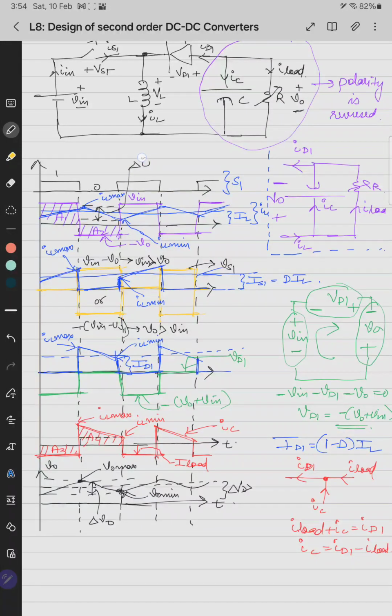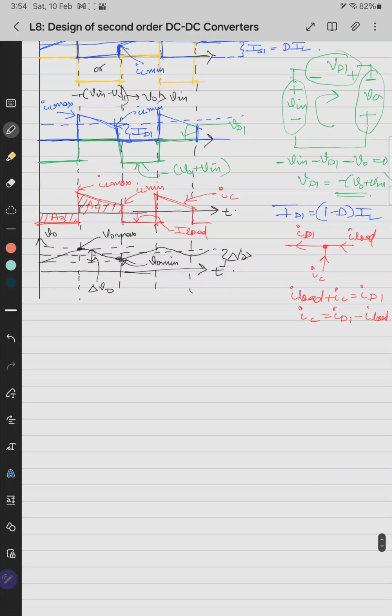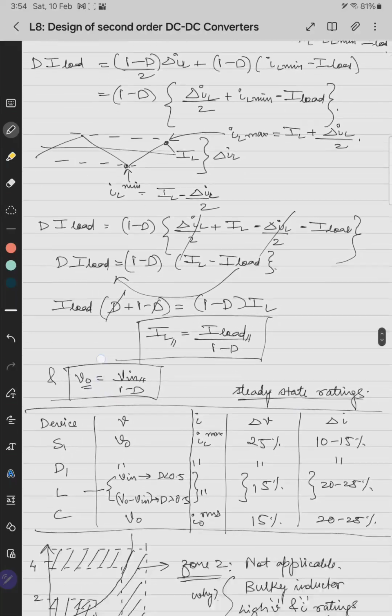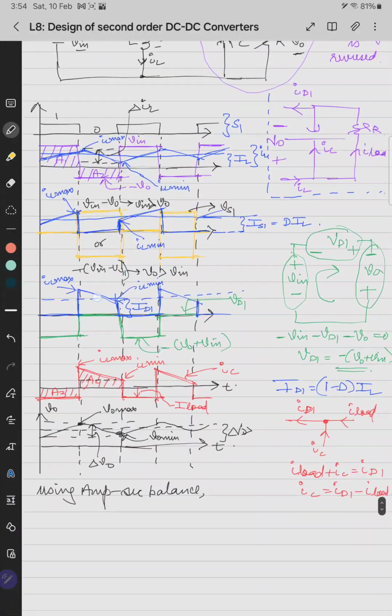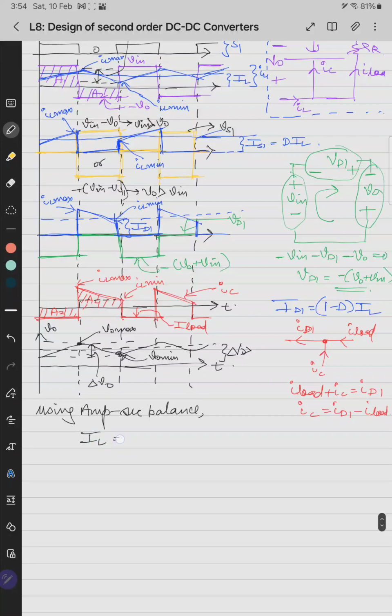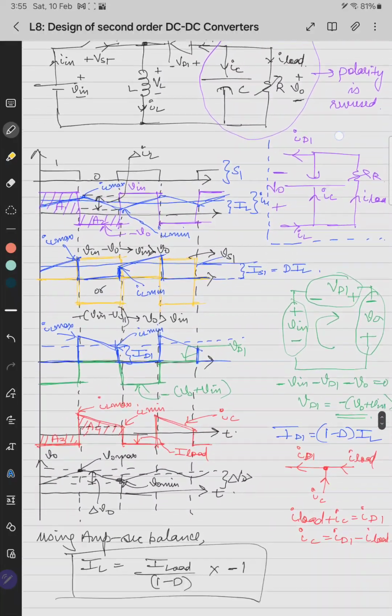This is delta IL. As the current waveform is the same, using amp second balance, we'll get the same thing which we got in the boost converter, that is IL is I load by 1 minus D, but there will be a negative sign multiplied to it because the polarity is reversed.